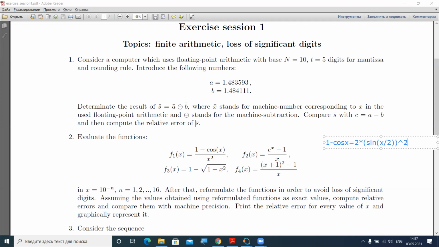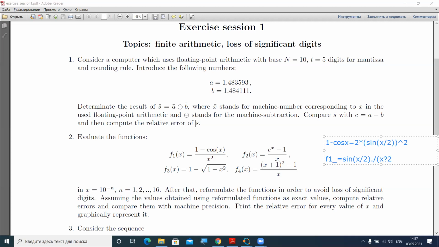Is it clear? Yes. And now we can change this function to the new function. For example, f1 now equals, let's change it, sine, for example, x over 2. And we can write like this, point division, x over 2.